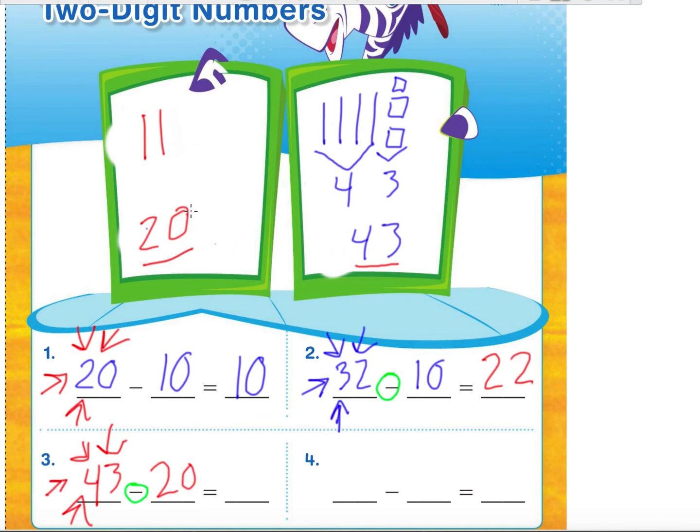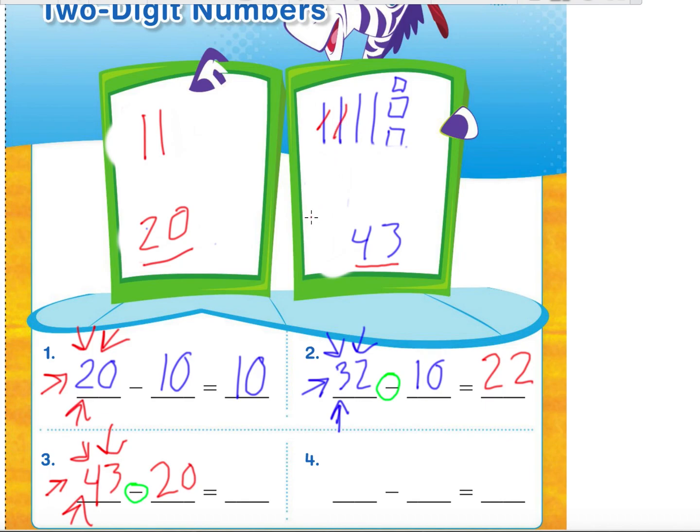How many tens are we taking away from this 43? I'm just going to erase these so we don't get confused. Make it a little bit cleaner. All right. So let's count our tens. Ready? 1, 2. So I know I'm taking away 2 because it says that I'm using this 20 to take away. There's 2 tens in 20. So I'm going to cross them out. 1, 2.